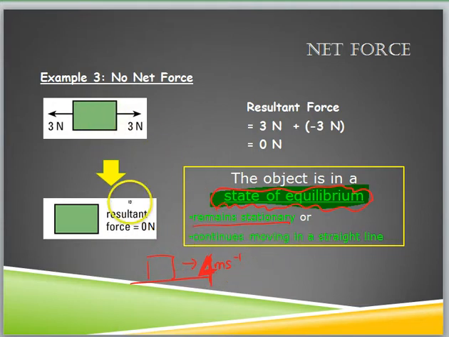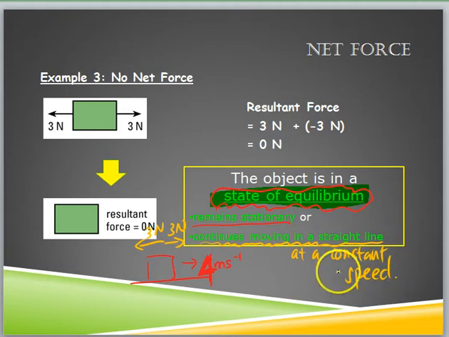I add a force 3 Newton back at the same time. My block will just continue at 4 meters per second because the resultant force is 0. So that's what it means by continue moving in a straight line, at a constant speed.